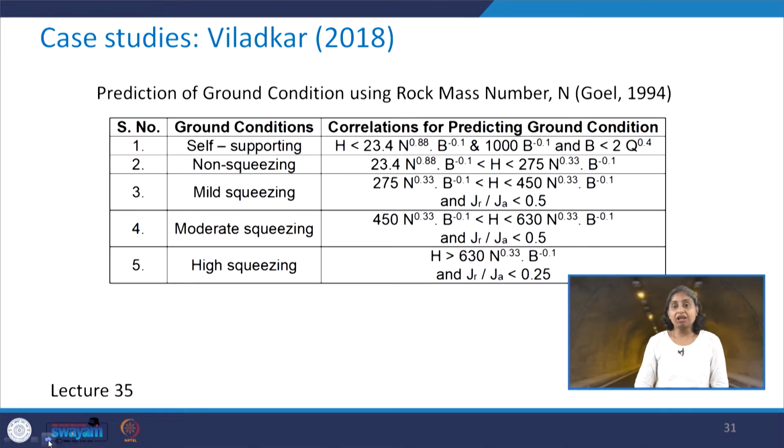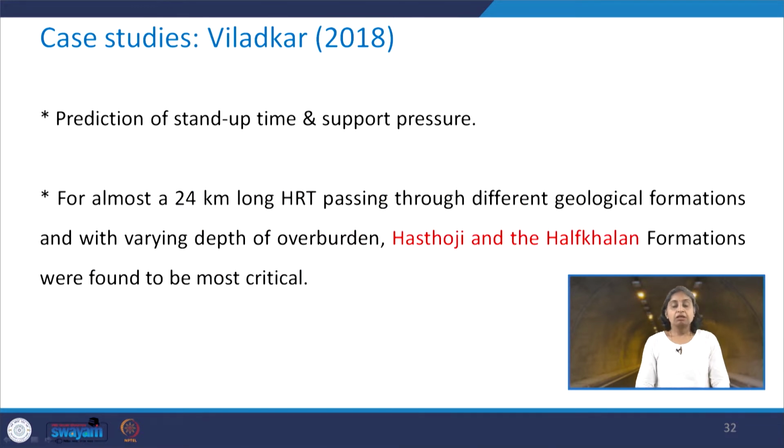If you recall, we discussed this table in lecture 35 of this course, and this is what was used to decide whether the ground conditions are self-supporting, non-squeezing, mild, moderate or high squeezing. Then the stand-up time and the support pressures were also predicted.